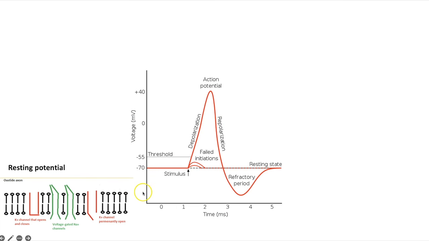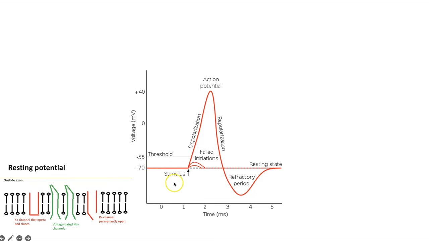We've got our resting potential here, where we have those voltage-gated sodium ion channels closed. What that means is these are sodium ion channels that sodium ions can diffuse through from the outside to the inside of the cell. However, those channels only open when there is a particular voltage, whereas we have some potassium ion channels which are permanently open.